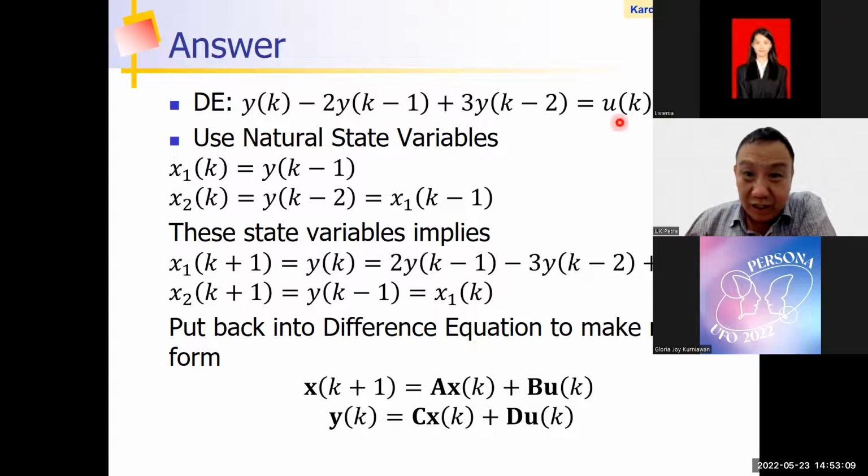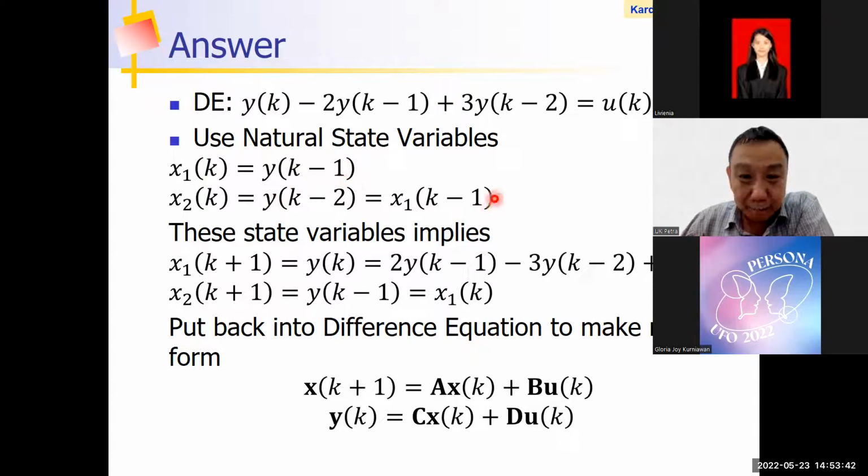So, this is our difference equation, right? Remember what we will do? We select x1 equal to yk minus 1, x2 equal to yk minus 2. But if x2 is yk minus 2, that is exactly the same as x1 k minus 1, isn't it? You just put minus 1 in here, it's the same as this one minus 1, this one is yk minus 2, right?